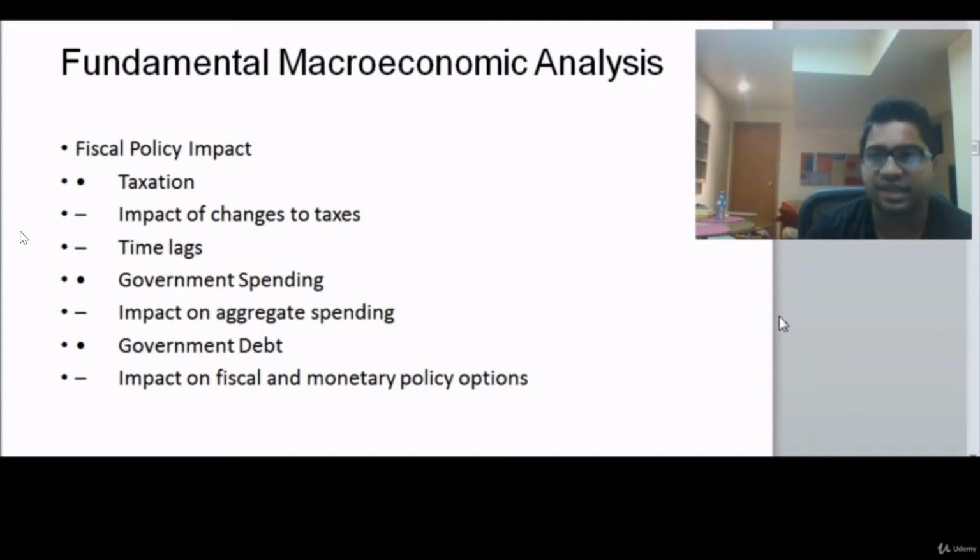The next is government taxation. If the government increases taxes, then individuals in that country will have a lesser amount of money to invest and to spend.